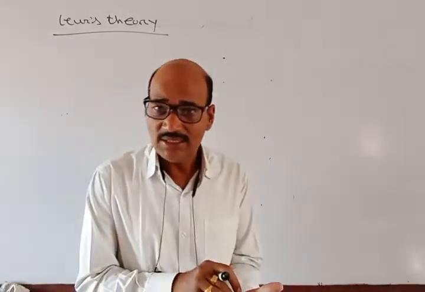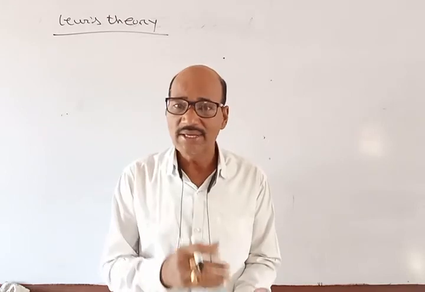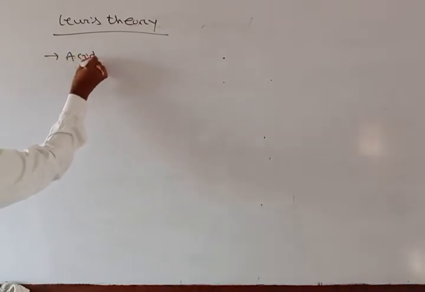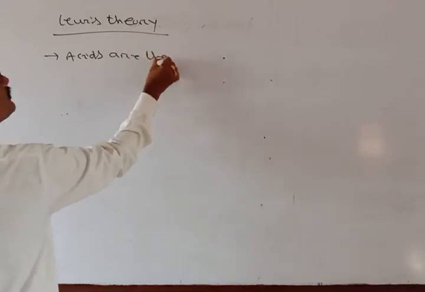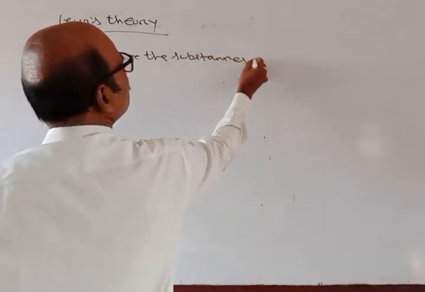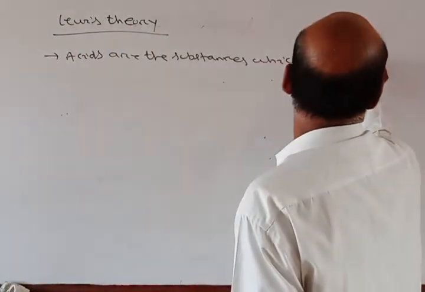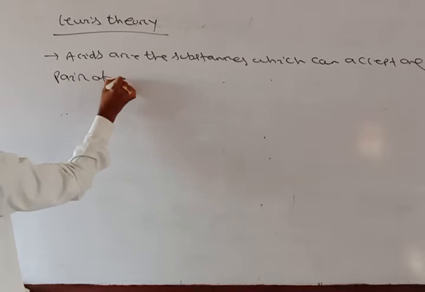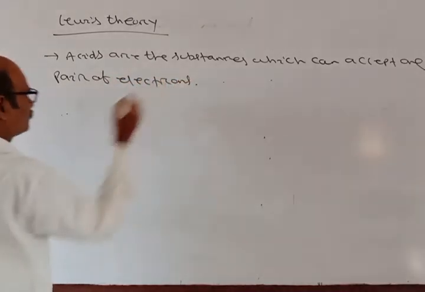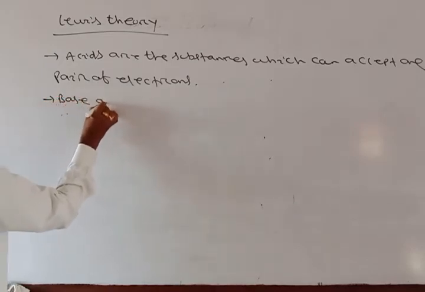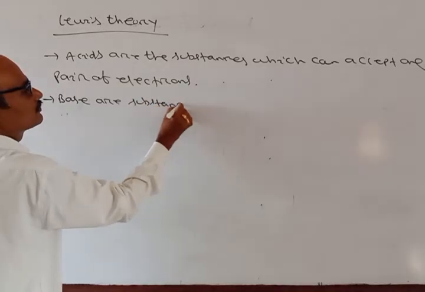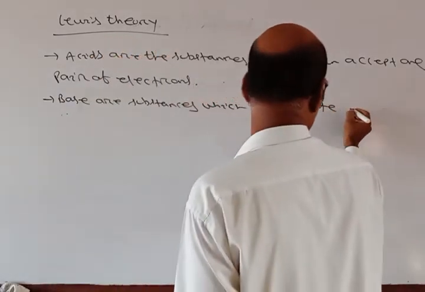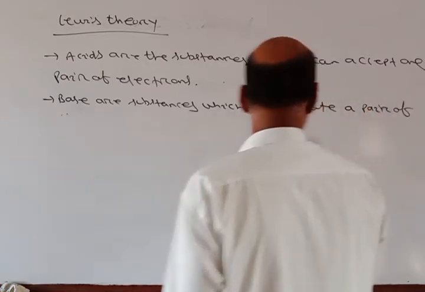That means an acid is an electron pair acceptor, while a base is an electron pair donor.